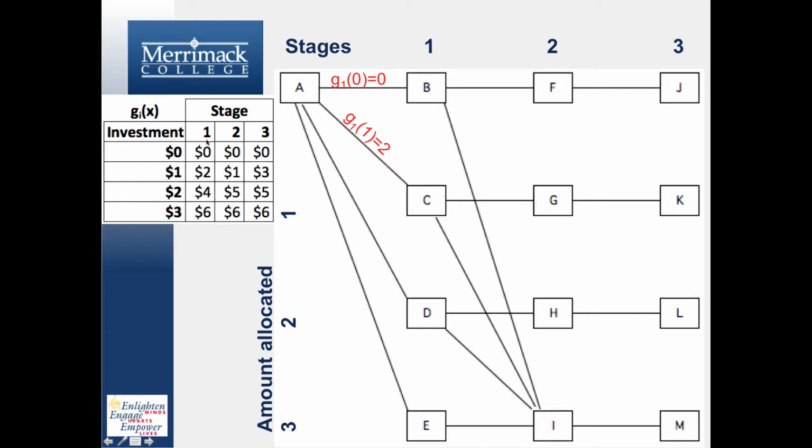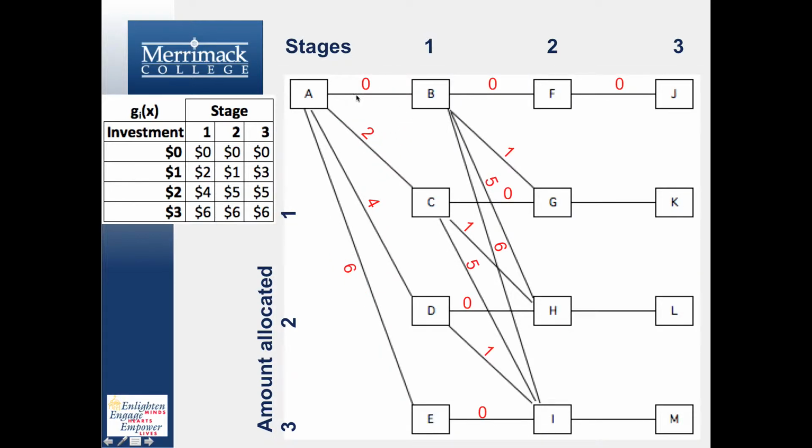Right, so I'm in stage 1, that's the first dam, and I'm investing $1 million. I get a return of $2 million. That's where that comes from. Similarly, if I invest $2 million in dam 1, I get a return of $4 million, and so on. $3 million in dam 1, I get $6 million return.